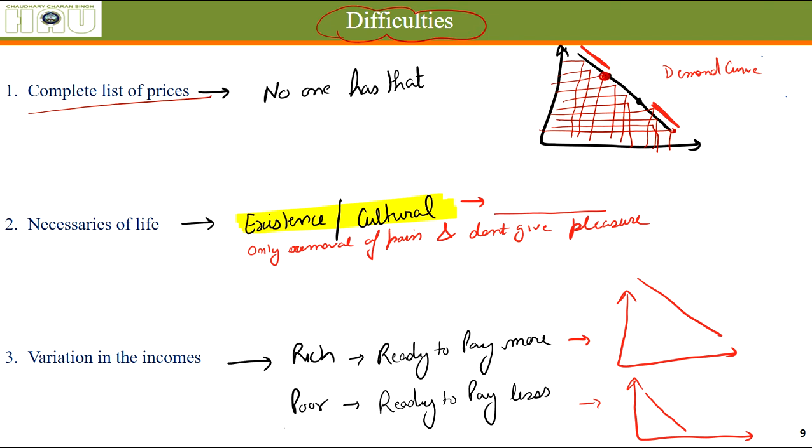Generally, consumer is concerned with only a few data points, a few quantity and price relationships which he is familiar with. See, the cases of scarcity, when the quantity is very low, and when there is glut, scarcity means quantity is very low and glut means quantity is very high.